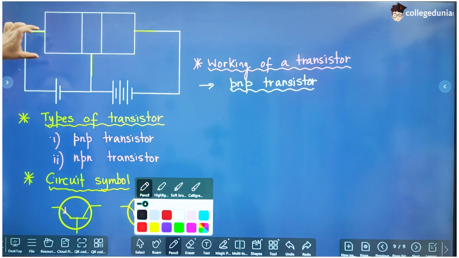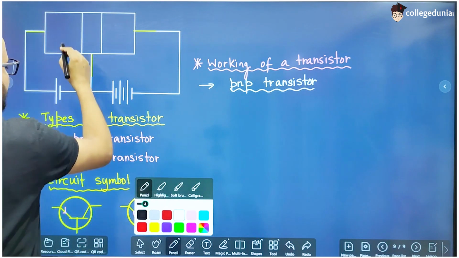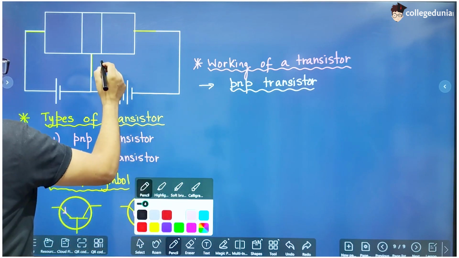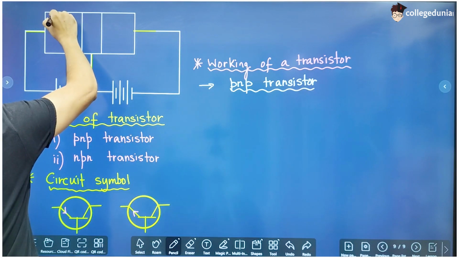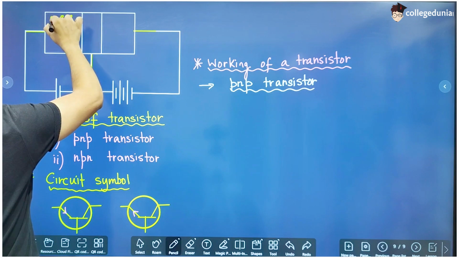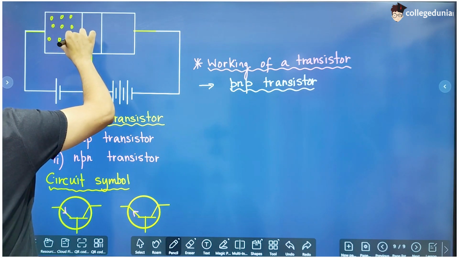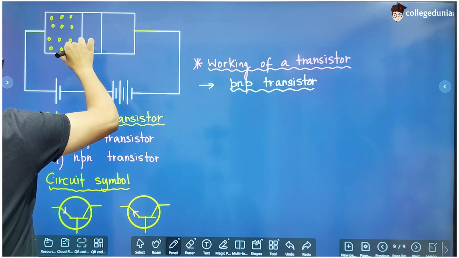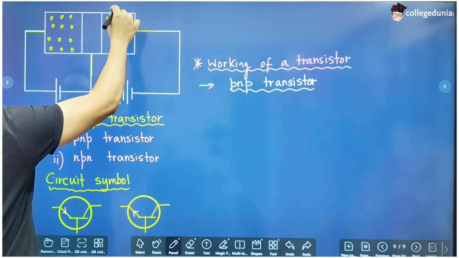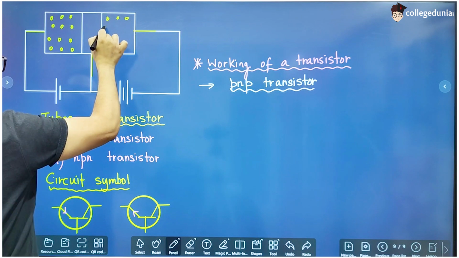This is a P-type semiconductor, and in a P-type semiconductor the majority charge carriers are holes. This is also a P-type semiconductor, so majority charge carriers are holes.